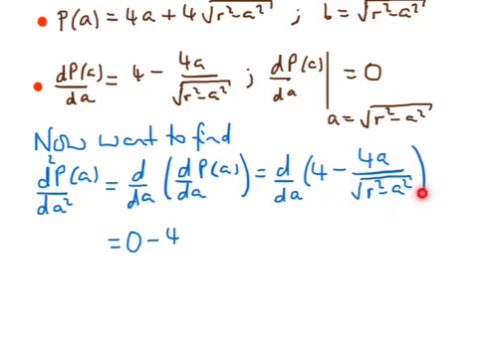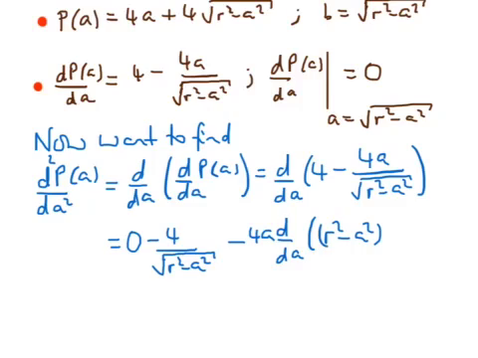And this will be multiplied by this term on the bottom, so I can just write that as minus 4 over the square root of r squared minus a squared. For the second term, when I use my product rule, I'm going to get minus 4a multiplied by the derivative with respect to a of r squared minus a squared all to the power of minus a half.